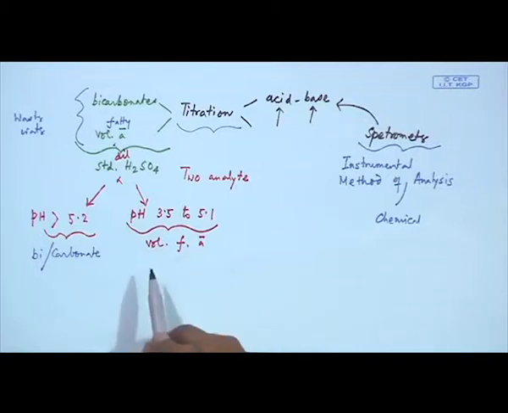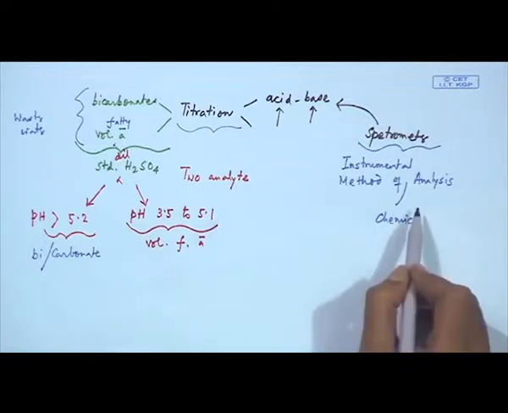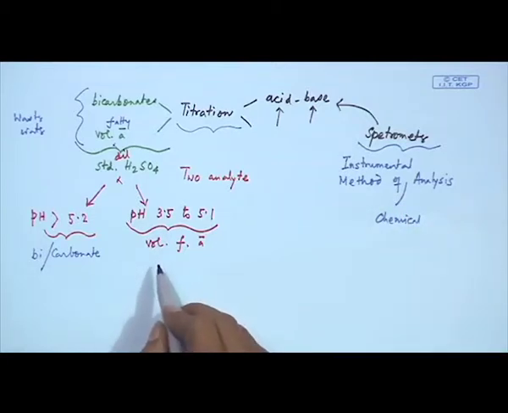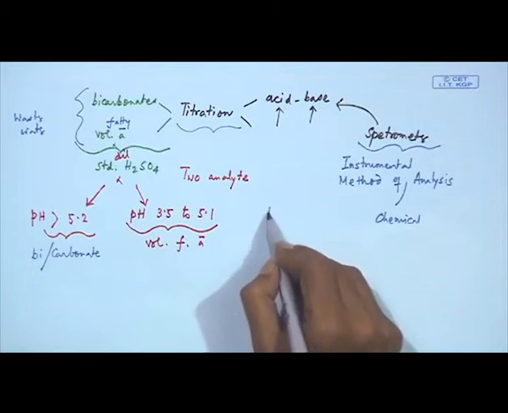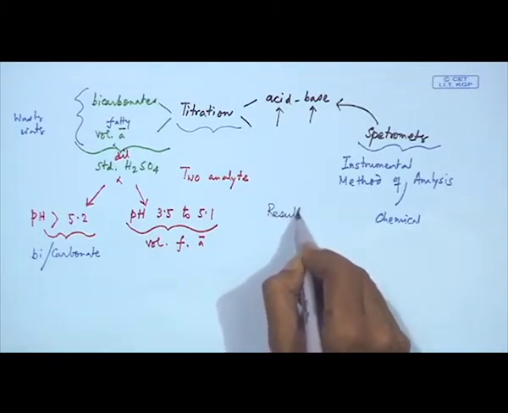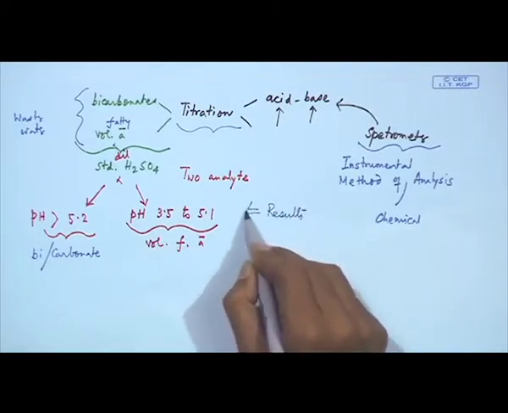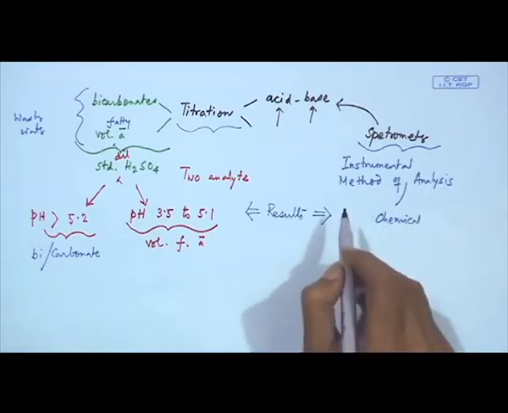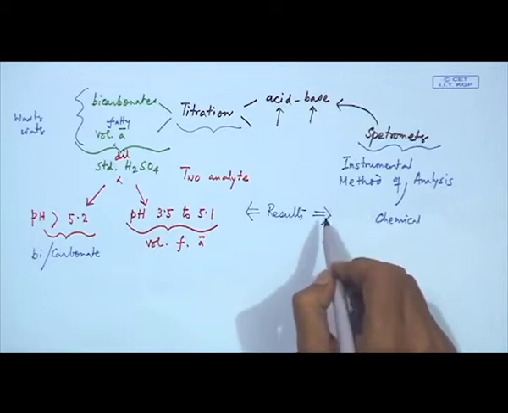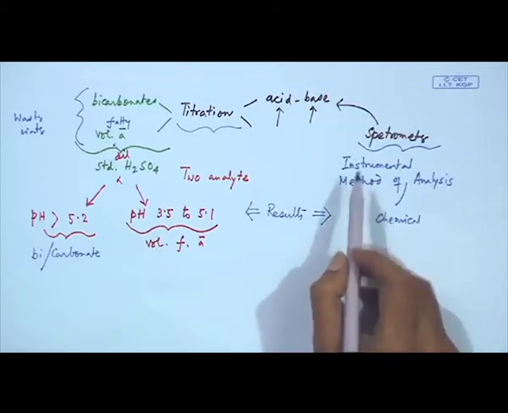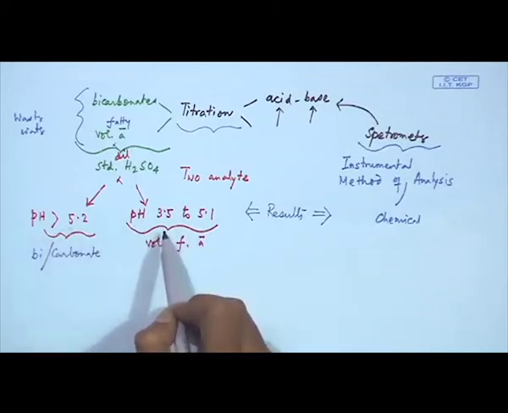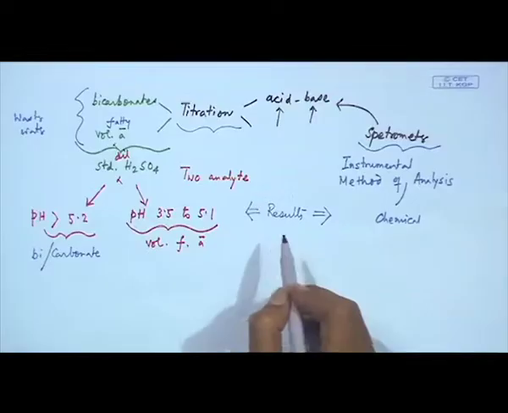So, whether we go for an instrumental method of analysis or a simple manual volumetric acid base analysis, what we can compare is their results. If we compare the results using a spectrophotometer, we will discuss today how we can introduce an instrument and how we detect the endpoint for this titration of these two analytes or components.